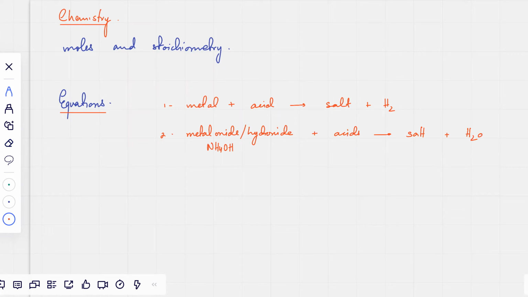Then you've got a third reaction, and the third reaction is a carbonate. That could be a metal carbonate or ammonium carbonate, or it could be (NH4)2CO3, ammonium carbonate. It reacts with an acid to produce salt, water, and carbon dioxide.